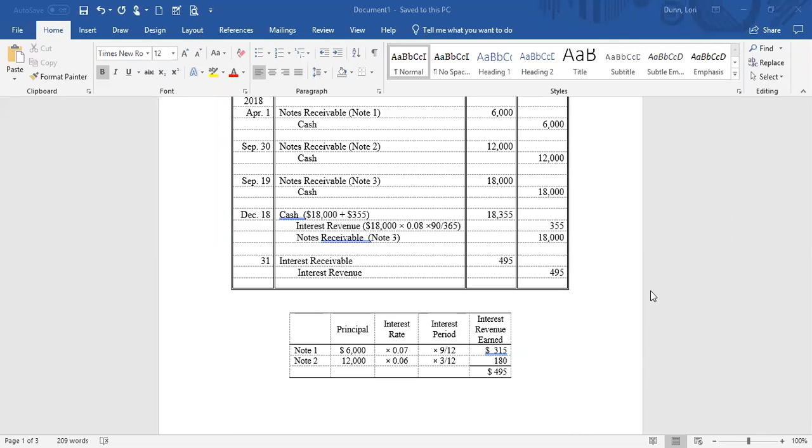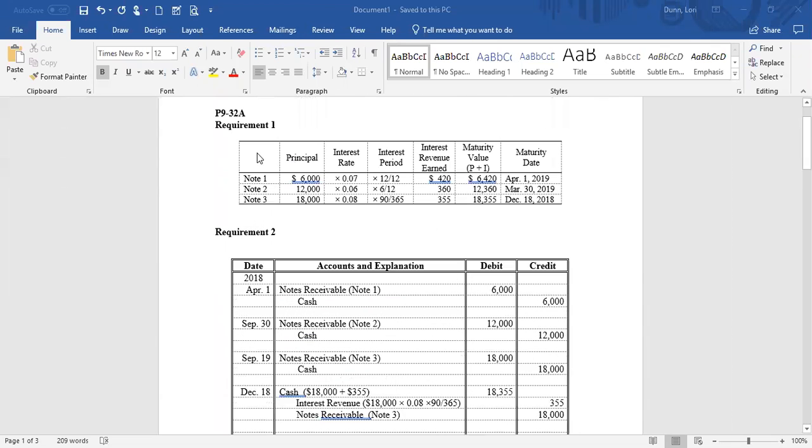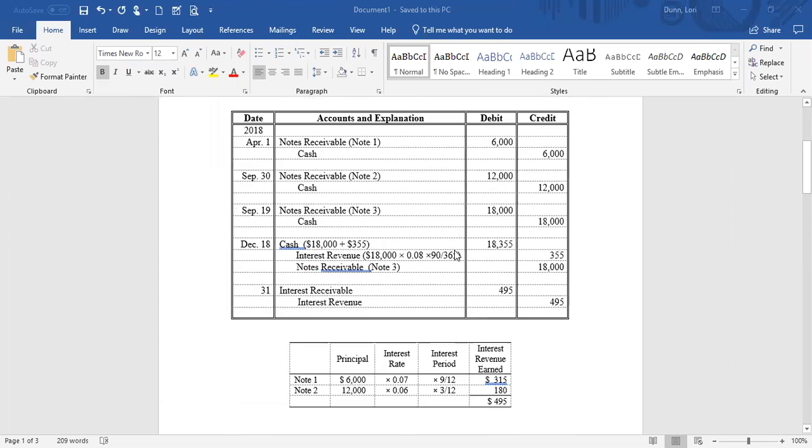So 9 months of interest revenue has accrued on this loan by December 31st. It's revenue in 2018. $6,000 is our principal times the interest rate of 7% times 9/12. $315 of the total interest we calculated on this loan of $420 occurs in 2018.